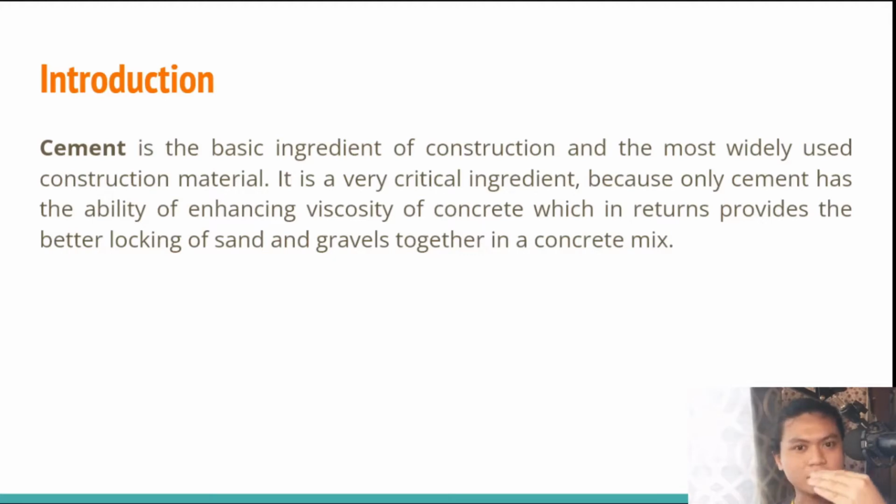It is sturdy, it is very durable, and it stands the test of time. With proper maintenance, cement would last way longer compared to light materials, which are prone to degradation because of termites, so to speak. With proper maintenance, cement can last even longer.